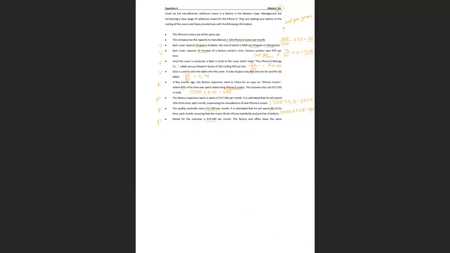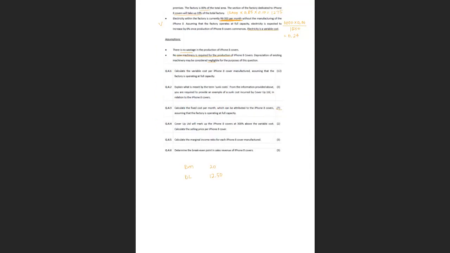Then the next one was the labels that you required. This would fall under the category of indirect materials. So you can either write it as indirect materials or you can just say label. That's fine as well. And maybe on the side, you can say that that was your indirect material. This was 0.5 per unit.